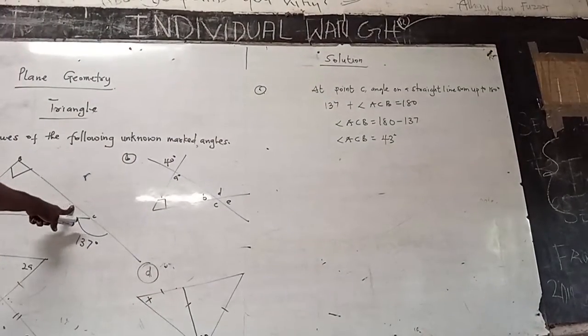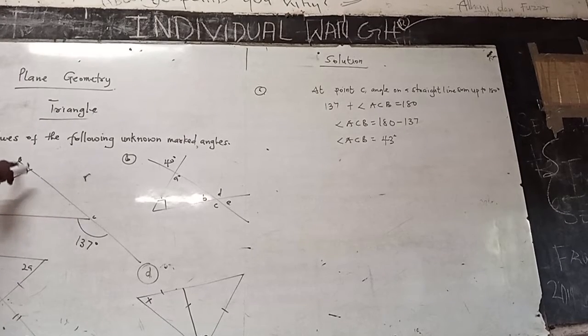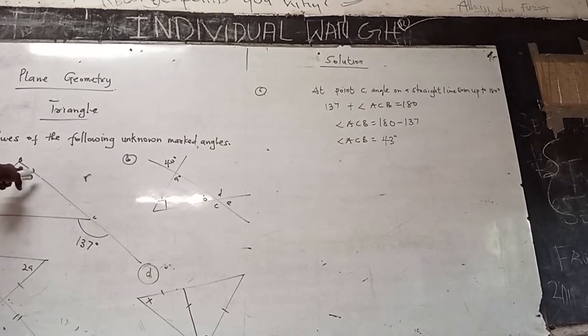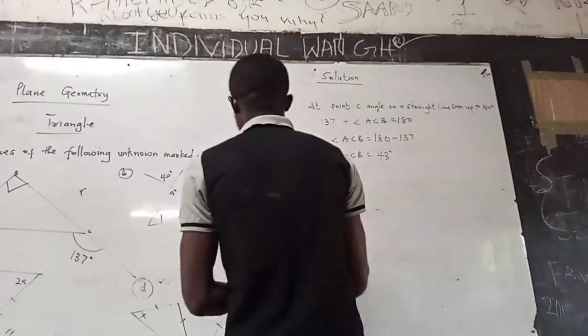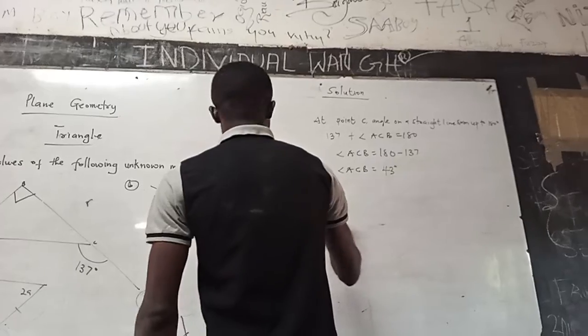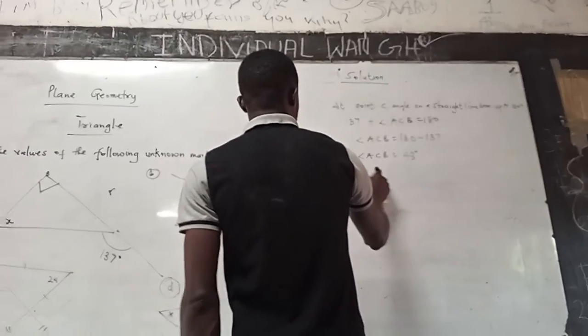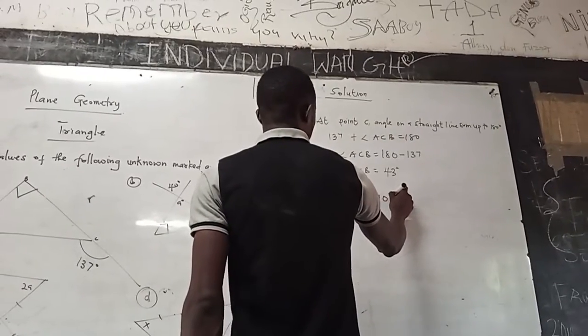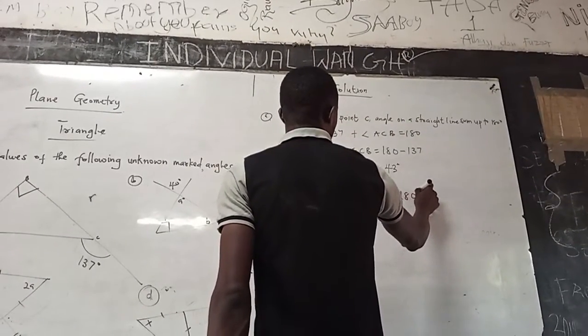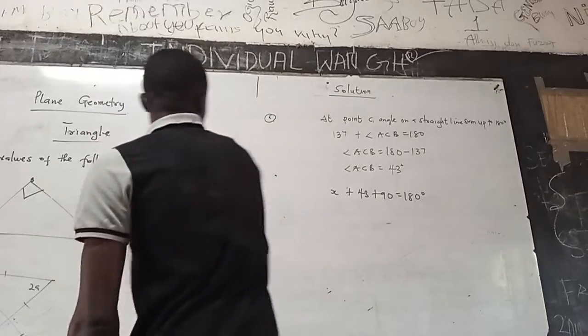Now, once this one is 4 points, the angle at point B is 90. So x plus 43 plus 90 is equal to the angles that form a triangle.